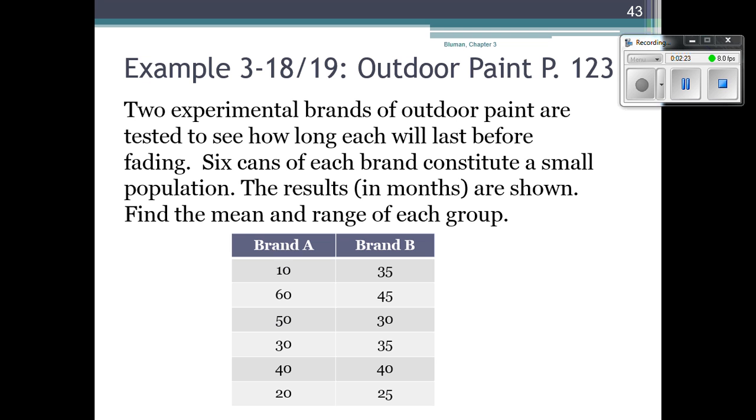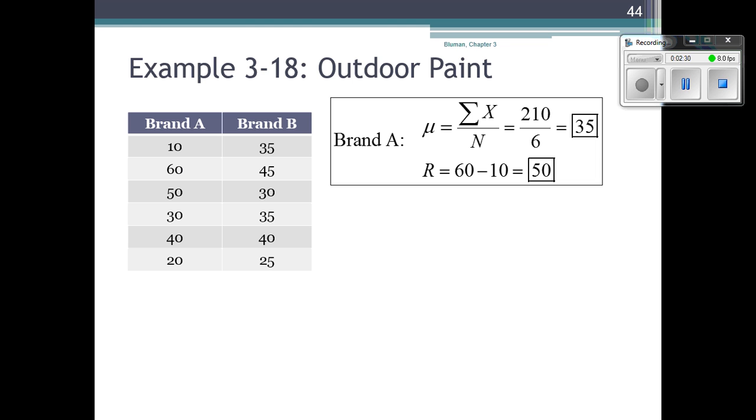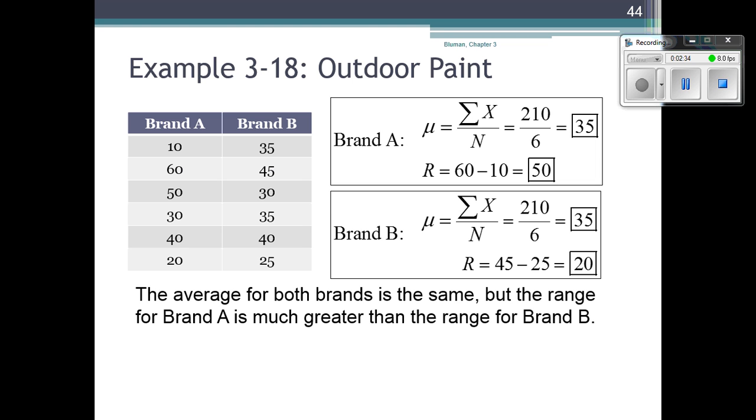Here we have that example that we talked about today in class with the 2 different brands of paint. We're going to get into how we calculate variance and standard deviation. In order to get them, we need to calculate the mean for both.